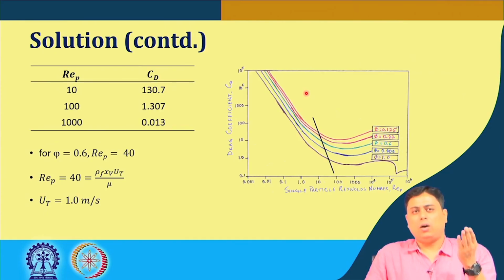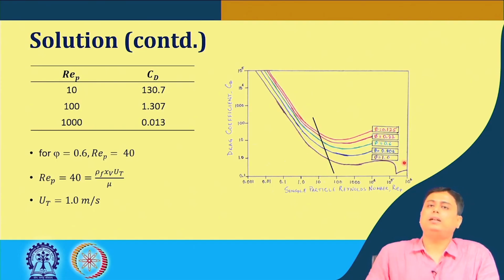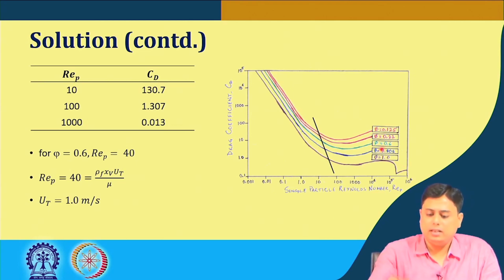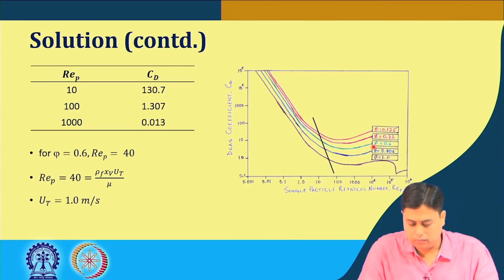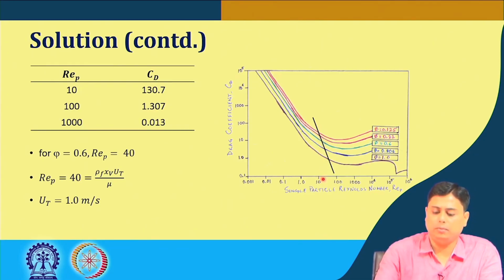Now, this CD versus REP line, as I said, creates a slope of -2, which intersects the CD versus REP curves for different sphericity at different REP values. Since the sphericity is 0.6 for this particle, it intersects the third drag curve from the bottom at a value of near about 40.